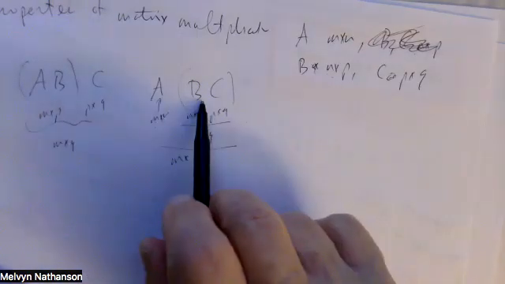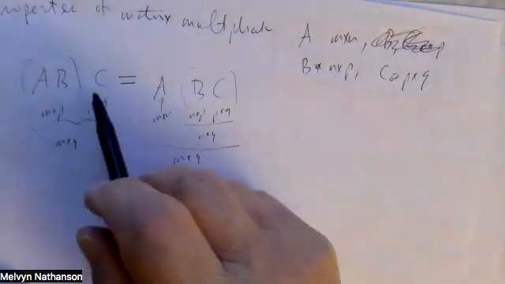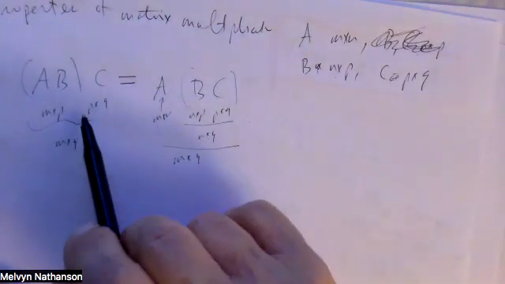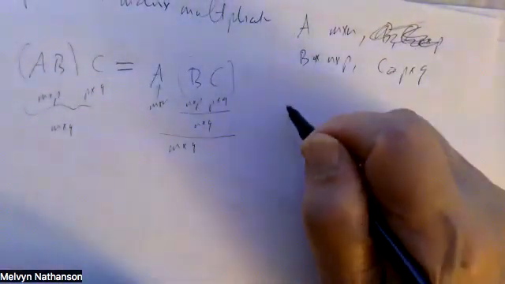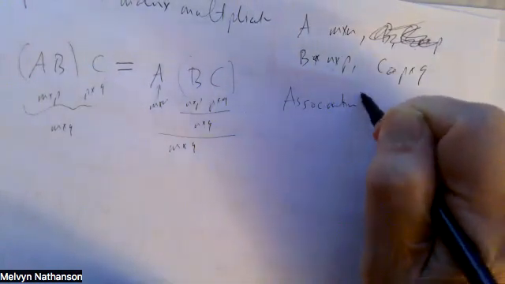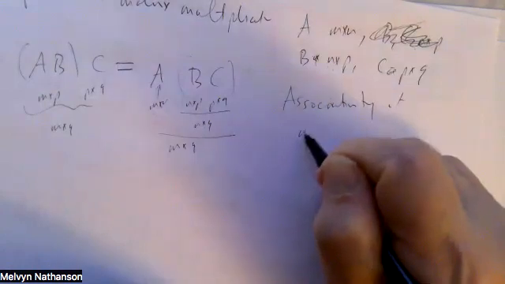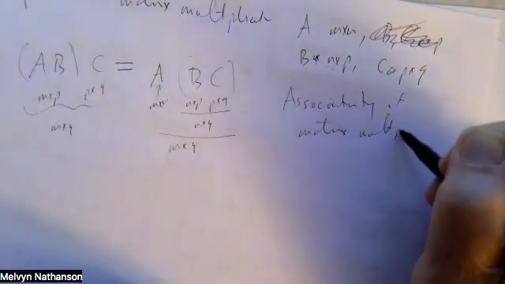So these two matrices have the same dimensions, and in fact, they're always equal. So when matrix multiplication is defined, AB times C is A times BC. So this is the statement of associativity of matrix multiplication.